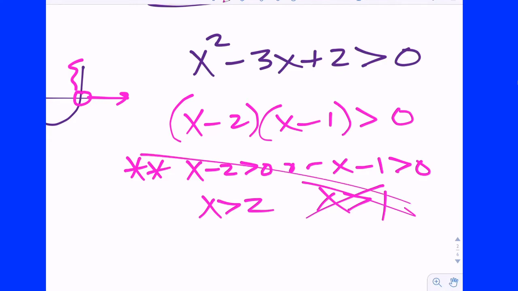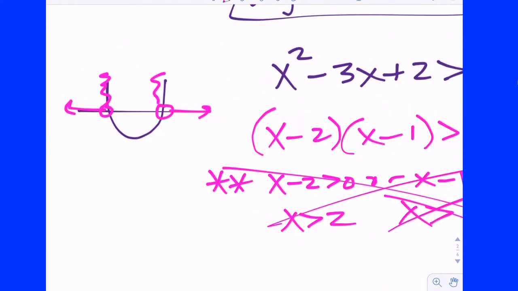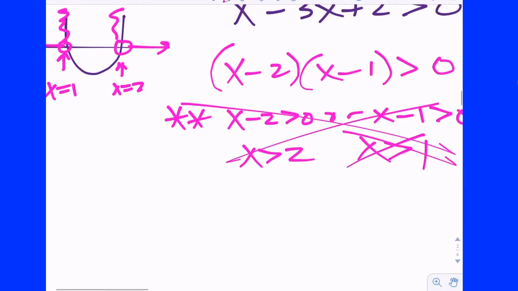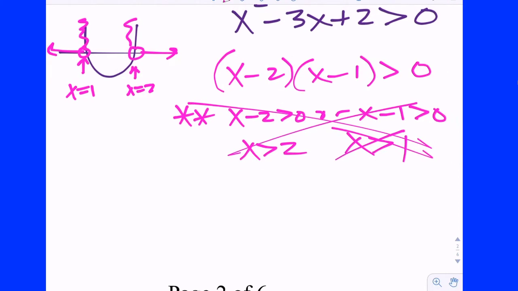That's wrong. So what you do instead is you realize that this must be x equals 1, and this must be x equals 2. Those are my x-intercepts. And I'm going to get positive values outside of there, so my domain is going to be everything less than 1 or greater than 2.